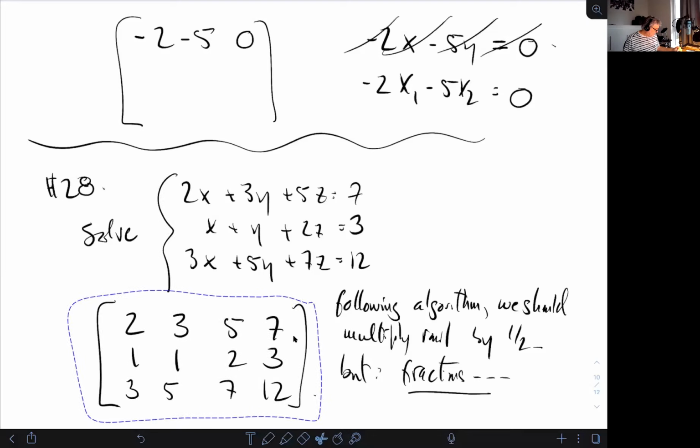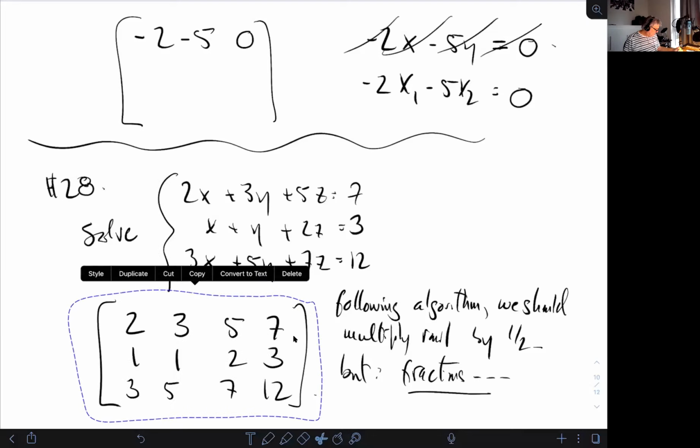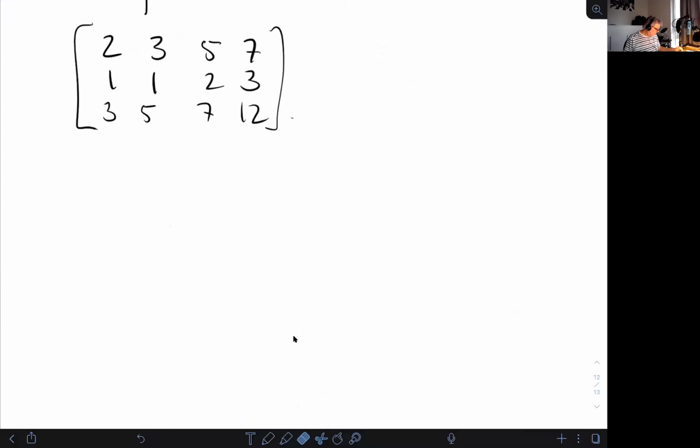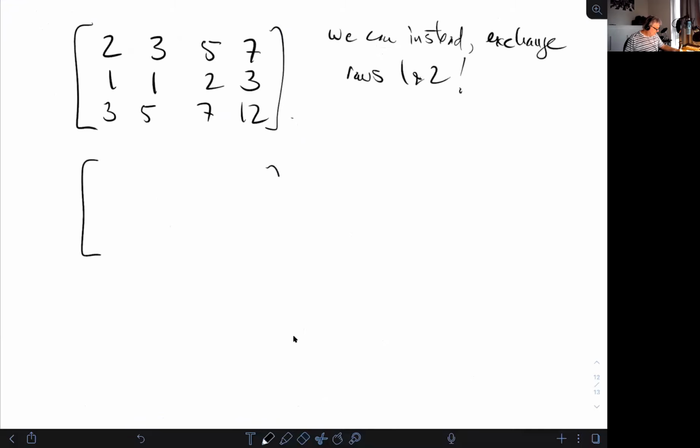So I'm just going to copy this here. Instead we can exchange rows 1 and 2. This is totally legit. I'm allowed to do any elementary row operations that I want.